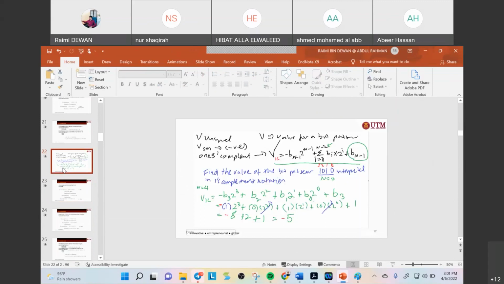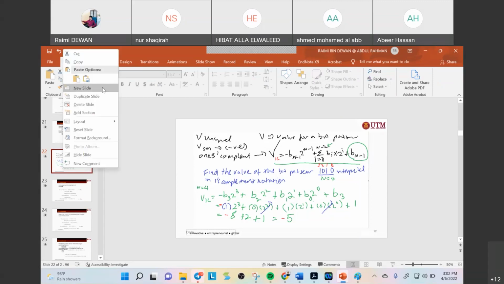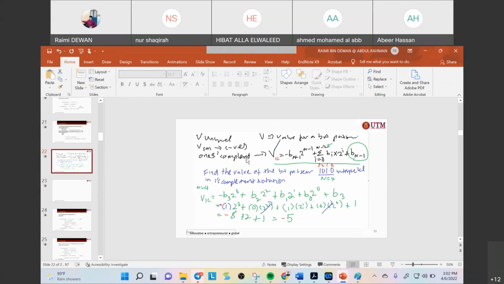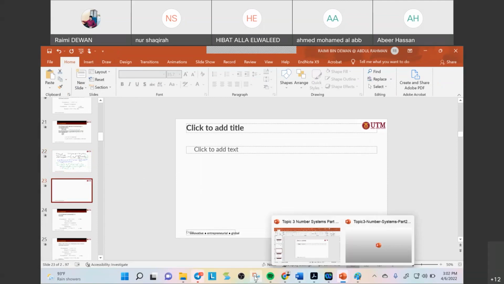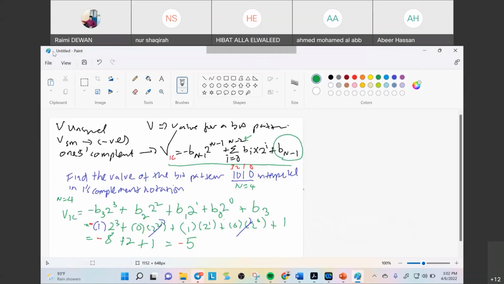So what is the first complement actually trying to do? What happens here is the value for a bit pattern, V. Now what happens inside a one's complement system?